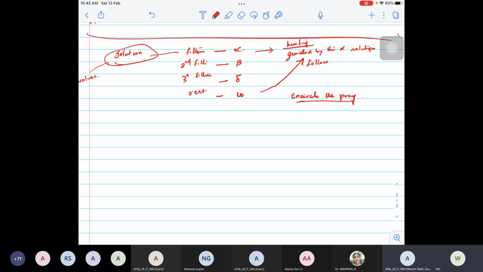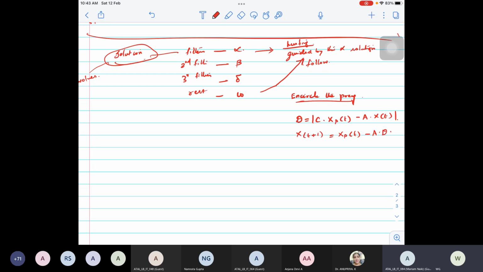Now this encircling of the prey is given by the following equations: D equal to C into Xp of t minus A into X of t.